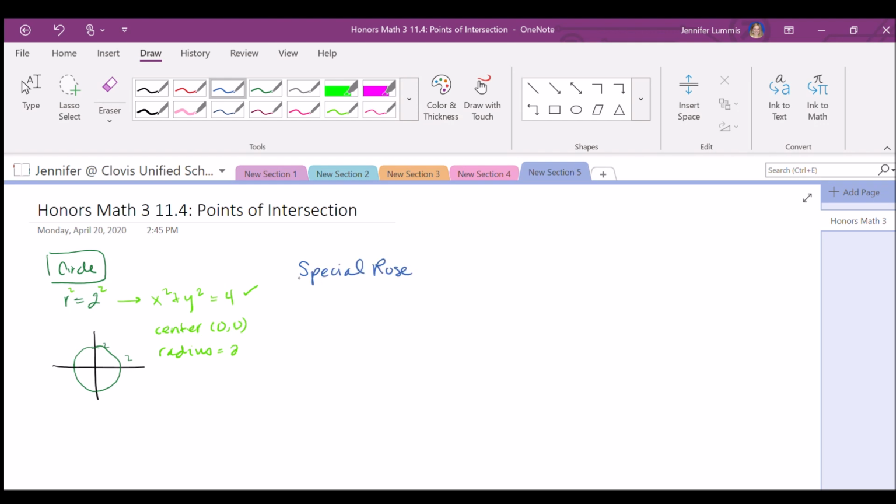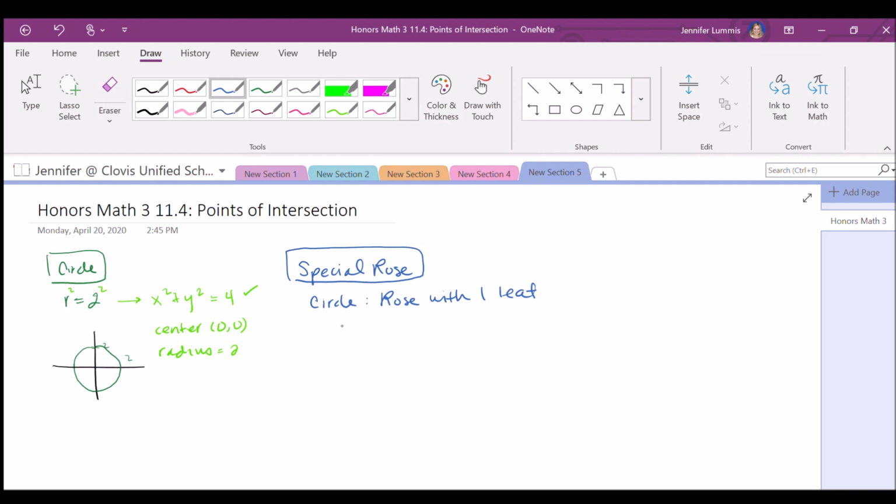It's really just a circle, right? So it's a rose with one leaf. All right, so you remember the equation of a rose, a cosine n theta, or a sine n theta.